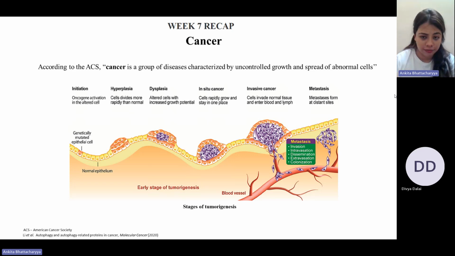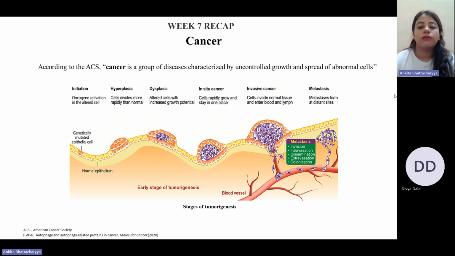So first step is invasion, where they are breaching the basement membrane. Second step is intravasation, entry into the vascular system. Third step is dissemination. Dissemination means they are separating or moving about or disconnecting from the original tissue to other locations. So they are traveling through blood and they are disseminating to some other site.